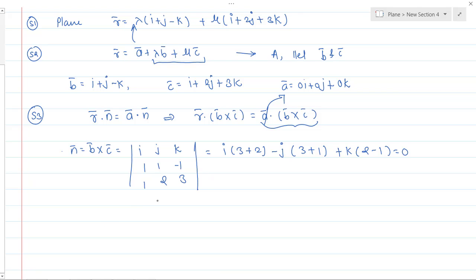Solving this, it is 5i minus 4j plus k. This is what I get for b bar cross c bar. Let's substitute this in the equation. So r bar dot 5i minus 4j plus k equals 0 bar.